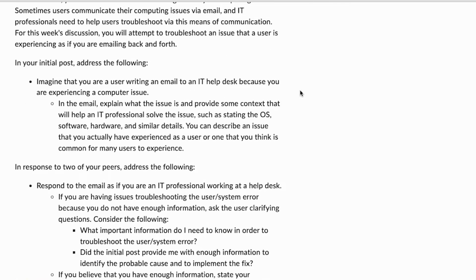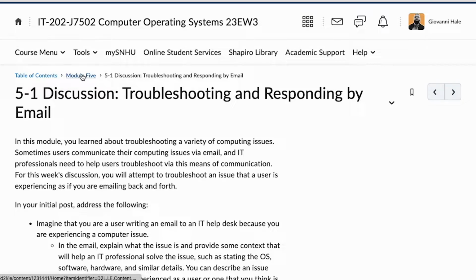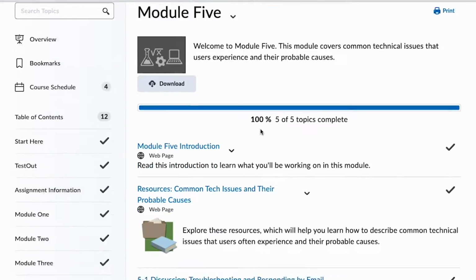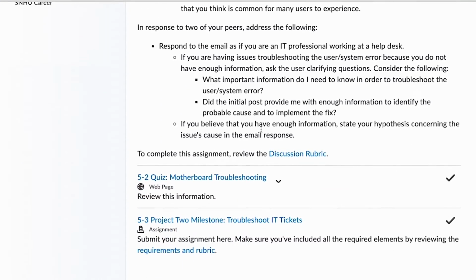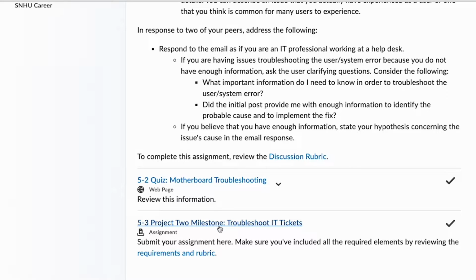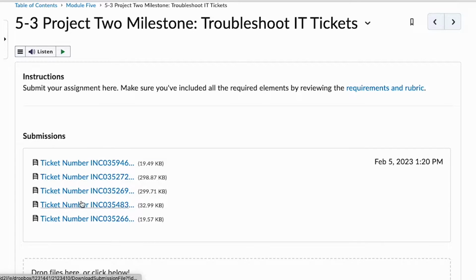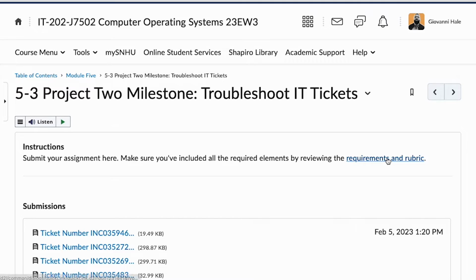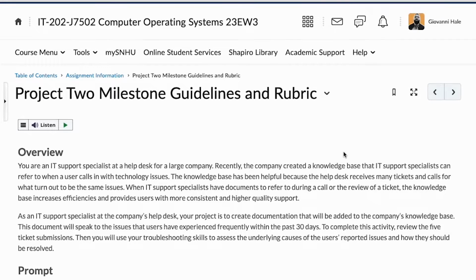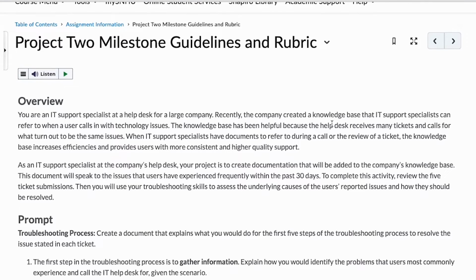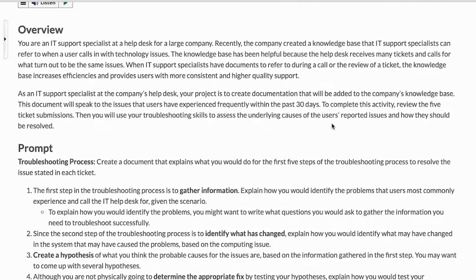Now let's dive into Module 5, the thing I think you should spend quite a bit of your time on: this milestone. The milestone will have you do IT tickets, and let me explain why you're seeing 5 different pages here. When you go into this rubric, it gives you details on what you need to do.